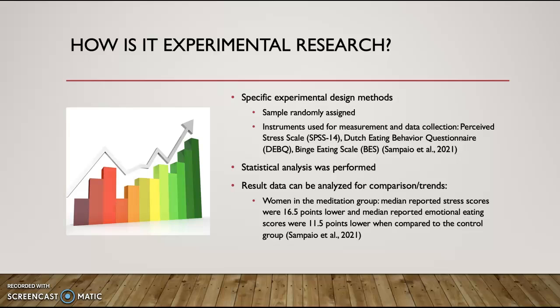Next, statistical analysis was performed in the study, and the result data could be analyzed for comparison or trends. They found that in the meditation group, the median reported stress scores were 16.5 points lower, and the median reported emotional eating scores were 11.5 points lower when compared to the control group.